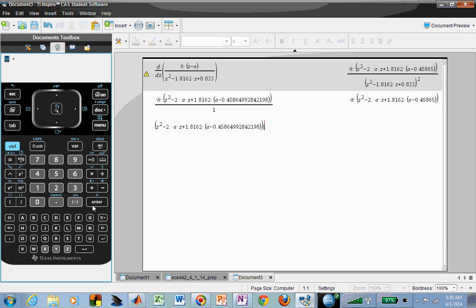I want to look at the limit as z goes to 1, so let me evaluate that vertical line, z equal to 1. I can now evaluate that expression when z goes to 1.